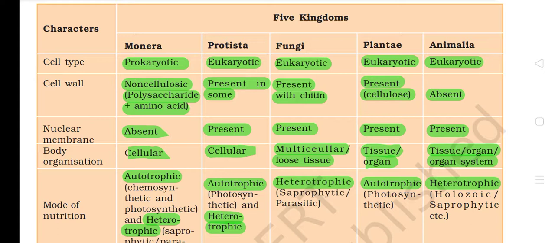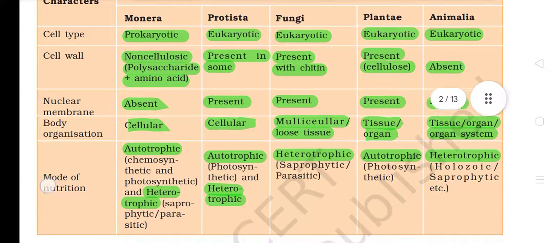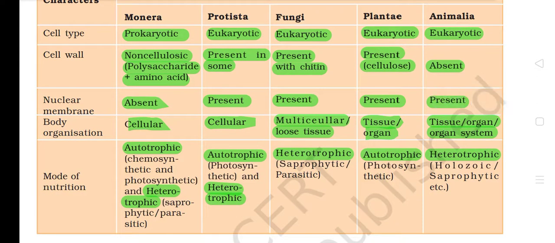Cell wall: non-cellulosic, polysaccharide plus amino acid in Monera; present in some Protista; present with chitin in Fungi; present with cellulose in Plantae; and absent in Animalia. Nuclear membrane: Monera absent, Protista present, Fungi present, Plantae present, Animalia present. Body organization: Monera cellular, Protista cellular, Fungi multicellular/loose tissue, Plantae tissue, organ, Animalia tissue, organ, organ system.